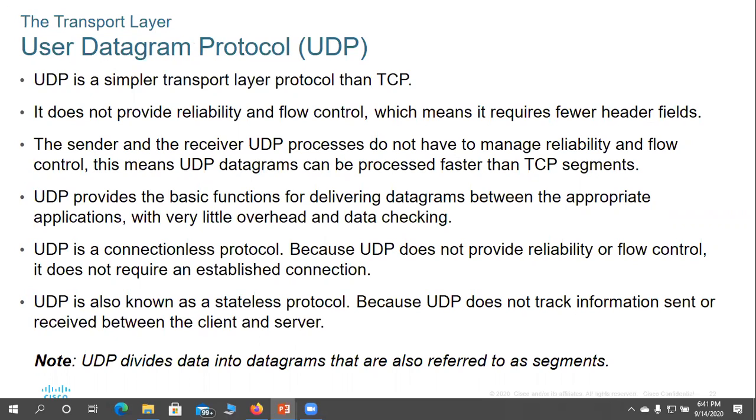Imagine if you're sending an email and you lose some of the packets, it means you're going to receive an incomplete email message. So TCP makes sure that those packets that you have lost have to be resent. Now with UDP, it doesn't do that. No acknowledgements, no resend.